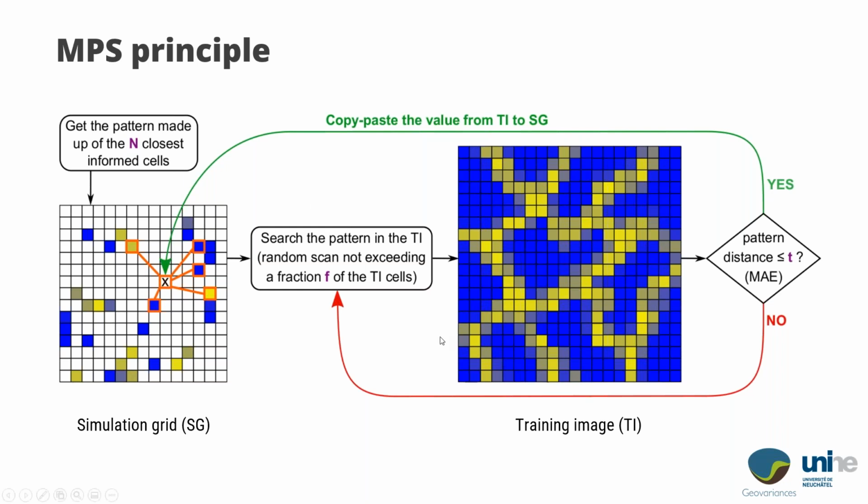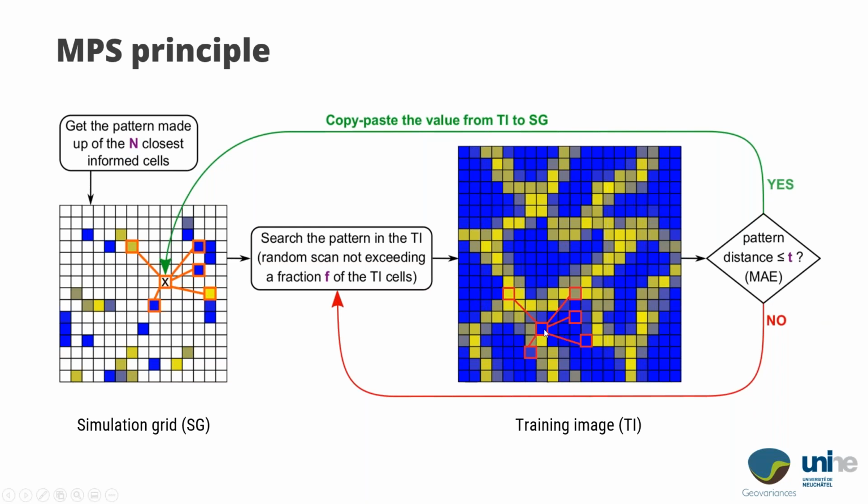The first thing is to check in the training image if all the different cells that we have are linked or have the same information in the patterns, and if we can put the value here or not. So like that, we compare all the different information that we have. It is why we need to define the number of information, the number for the neighborhood, and it is the value that we define with the n.